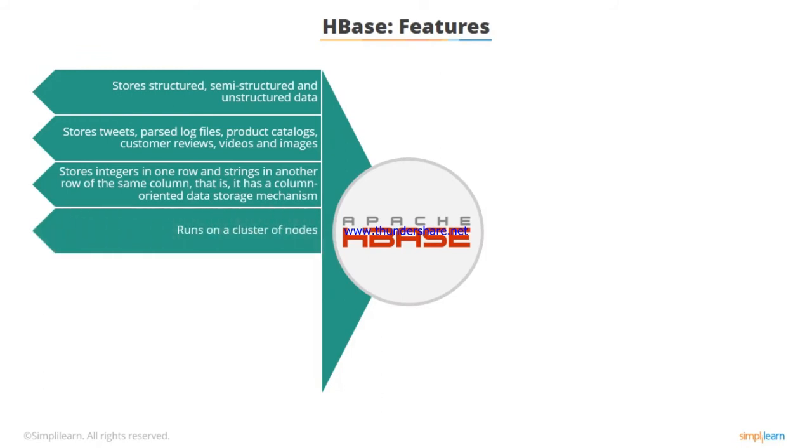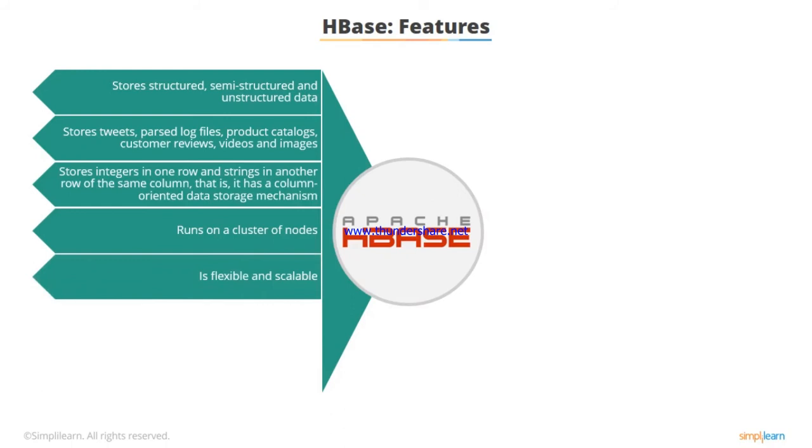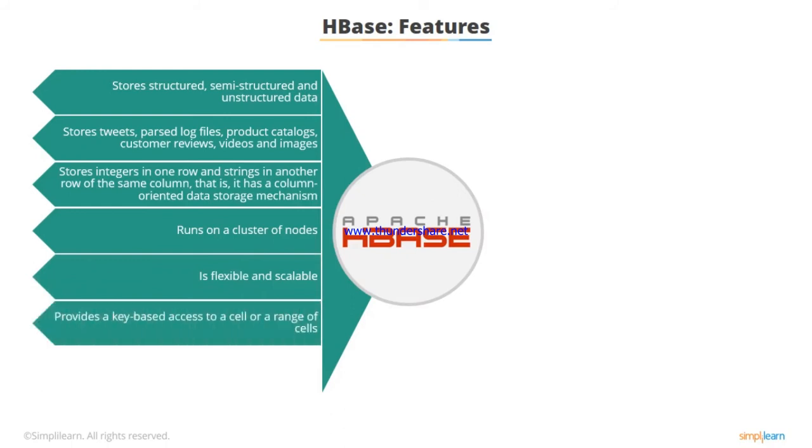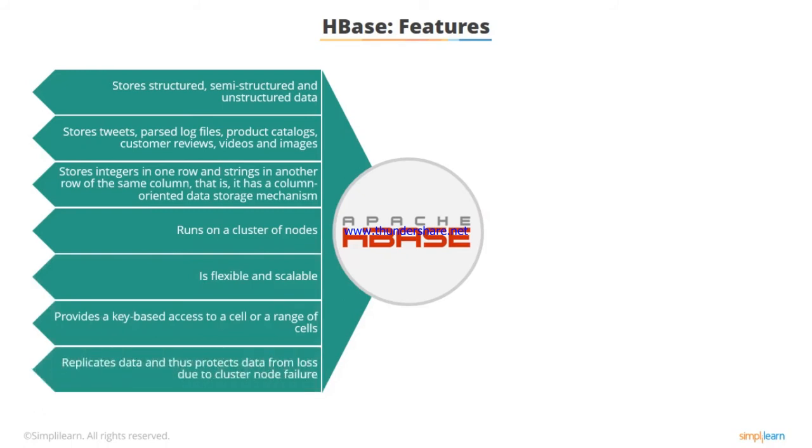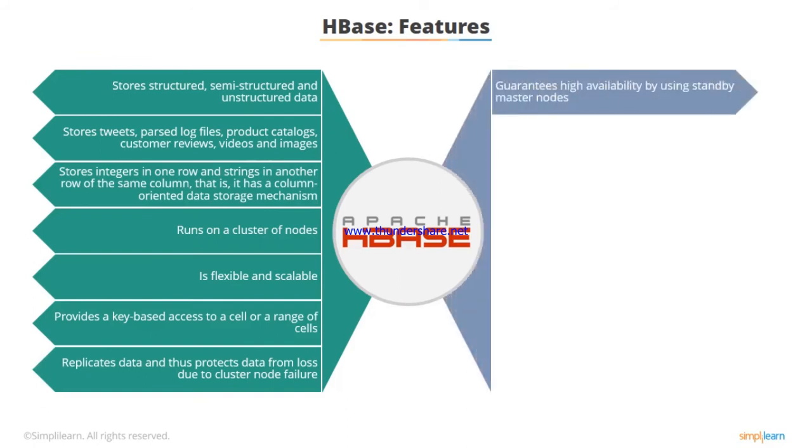Runs on a cluster of nodes. Is flexible and scalable. Provides key-based access to a cell or a range of cells. Replicates data and thus protects data from loss due to cluster node failure. Guarantees high availability by using standby master nodes.